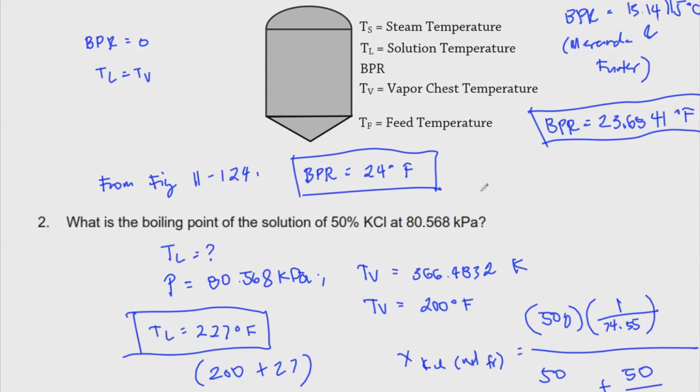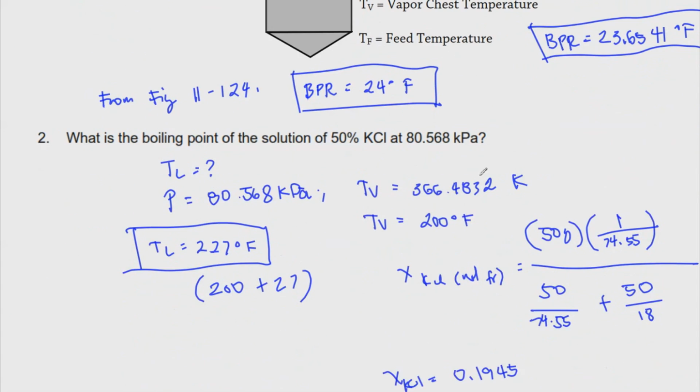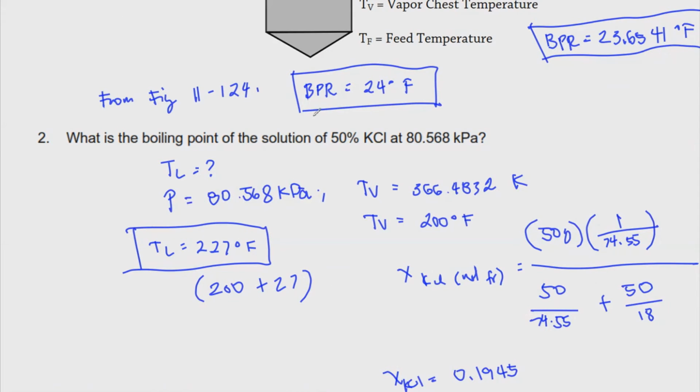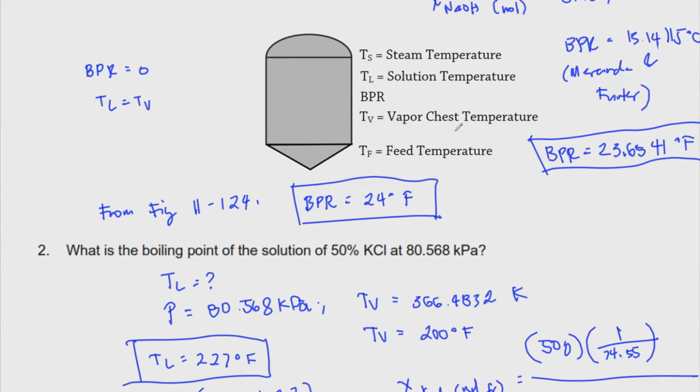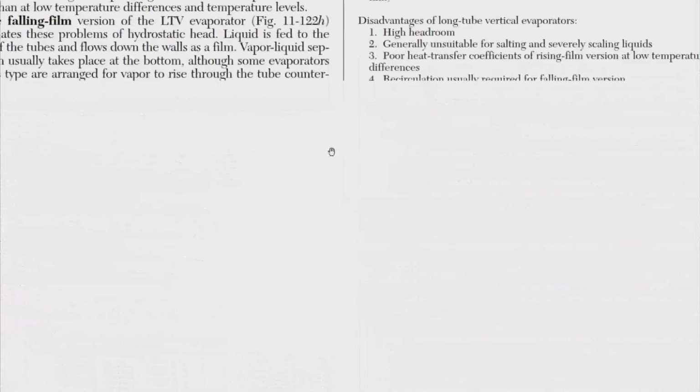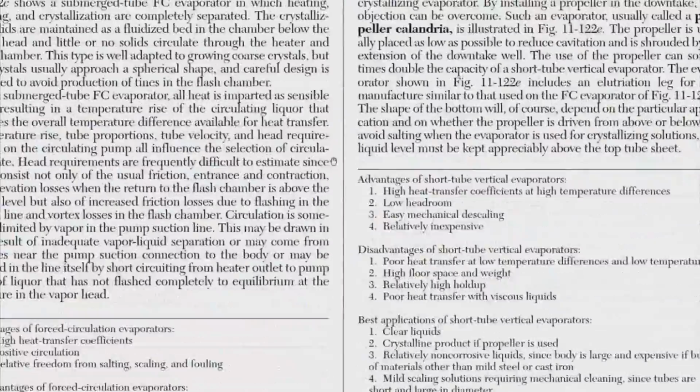So that's still large. It's a good example to be used in this expression. But for cases wherein the pressure deviates very much from the atmospheric boiling point, then I would suggest that you use the figure, even though you're making some assumptions on that figure.